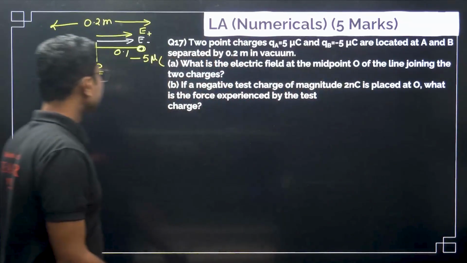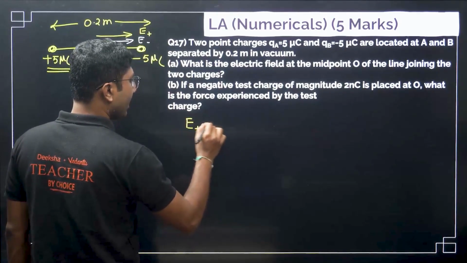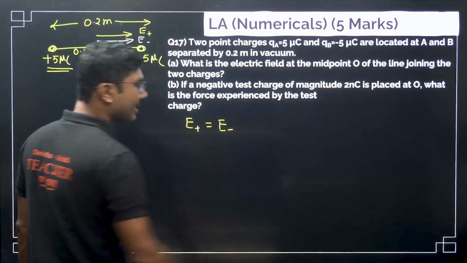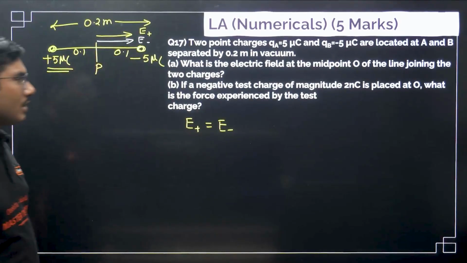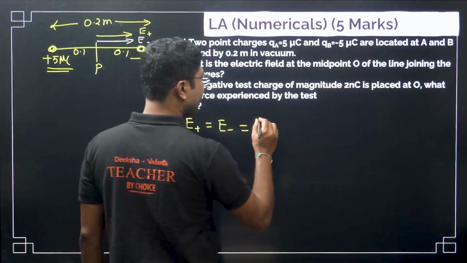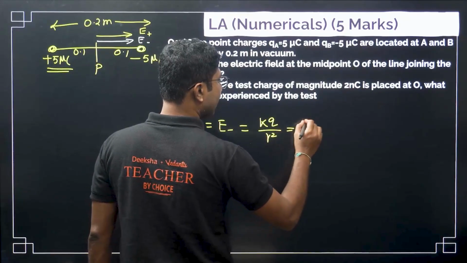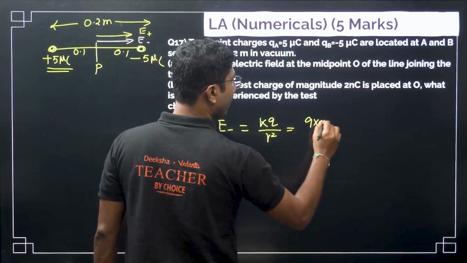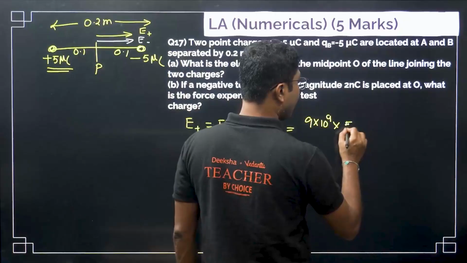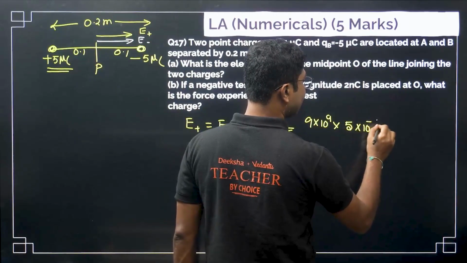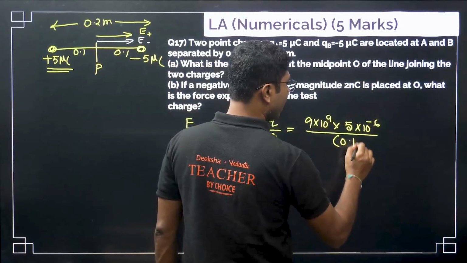Okay, so what is the electric field due to positive? In fact, positive and negative magnitude wise both will be same, right? Distance is same, magnitude is same, so electric field magnitude will be same, which is given by kq by r square. So what is k? k is 9 into 10 to the power of 9. Q is 5 microcoulomb, so 5 into 10 to the power of minus 6, and distance is 0.1 whole square.